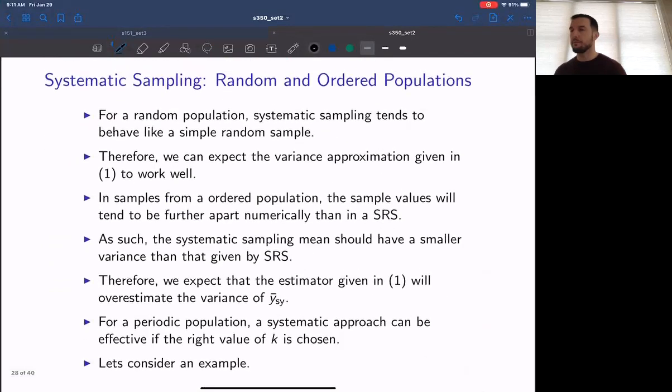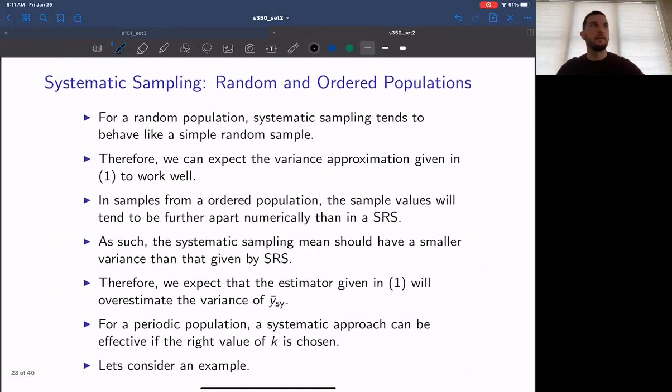All right, so a few summarizing ideas here based off of the 3 population illustrations that we just looked at. The first thing, again, for random populations, we would expect systematic sampling to behave like simple random sampling, at least in terms of the estimators. So when we're using the estimator for the variance of the mean in particular, we would expect the values returned from the SRS estimator to be very similar to the values returned from the systematic sampling estimator.